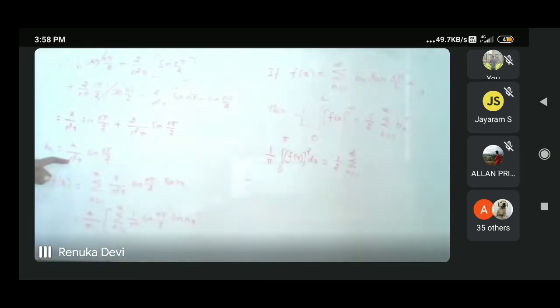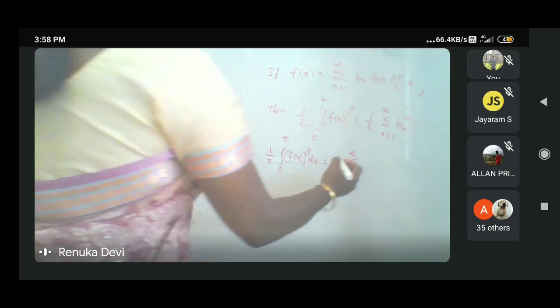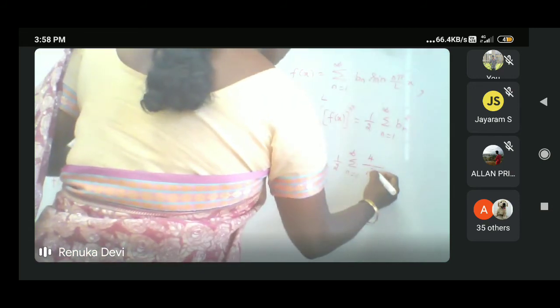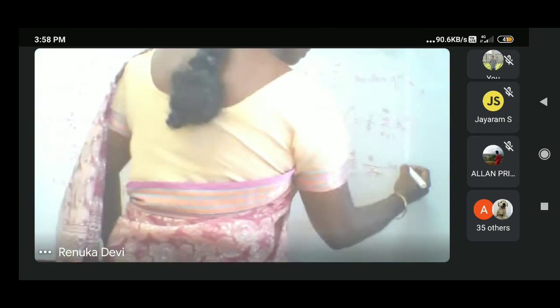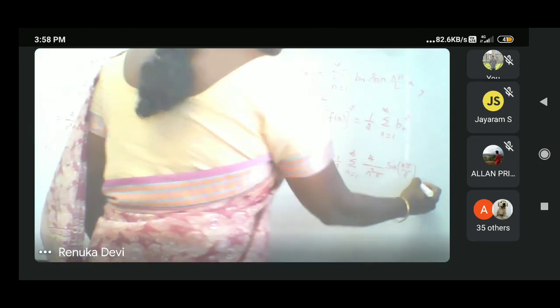We have already written bn, so we write that bn. So 1 by 2 sigma of 4 by n square pi sin n pi by 2 the whole square.